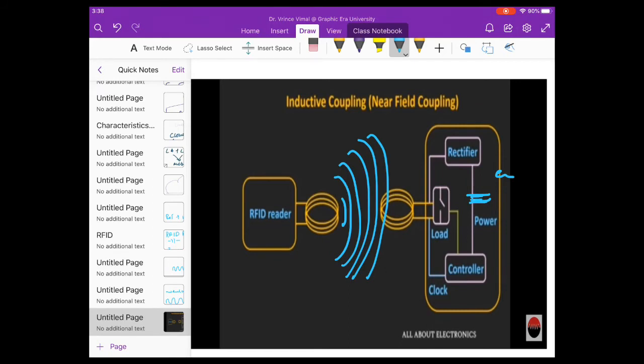The tag has this chip, and once this energy energizes it, a sort of VCC and GND is produced. And once this is energized, the EPC is stored in this chip of the tag.